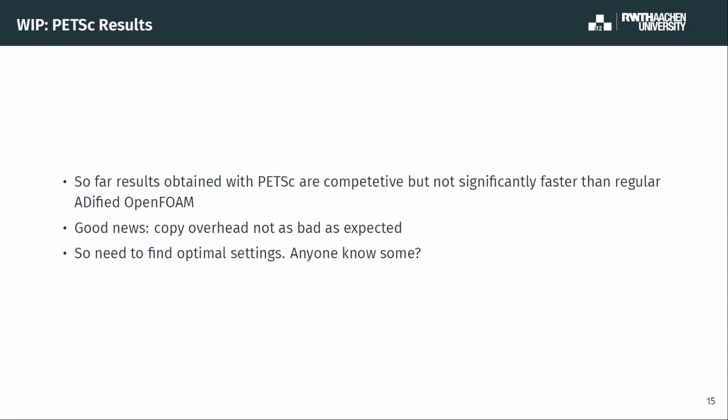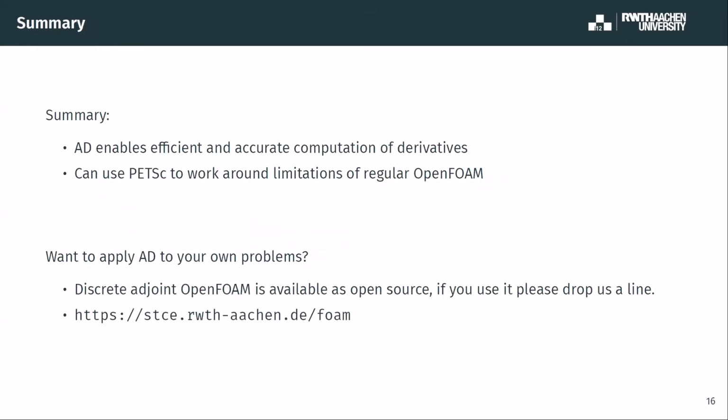It's a few milliseconds at most for easily sized problems. And the actual meat, which is happening inside the linear solvers, is bigger. So I just need to find an optimal setting or maybe another application for PETSC. Currently I'm doing basically a simple form.